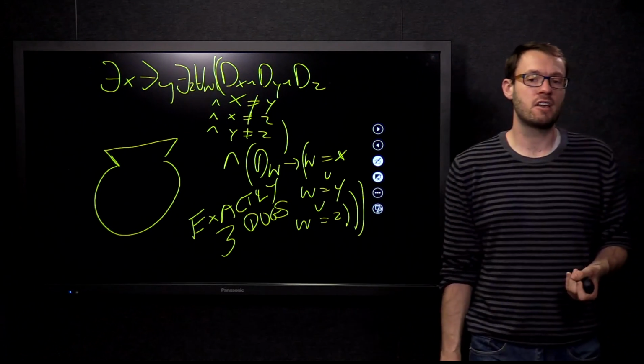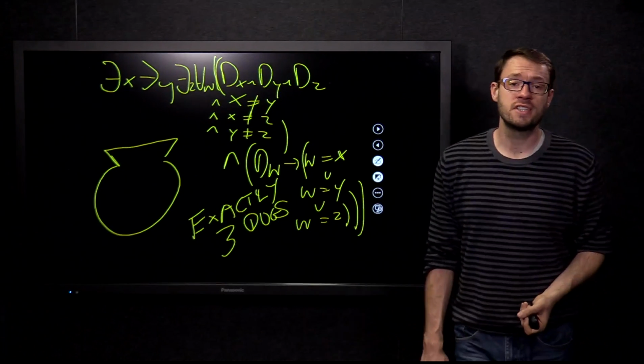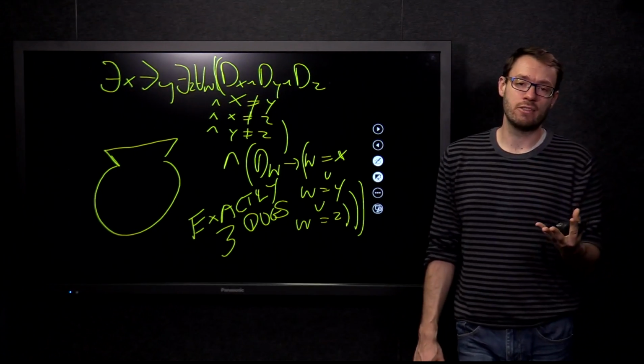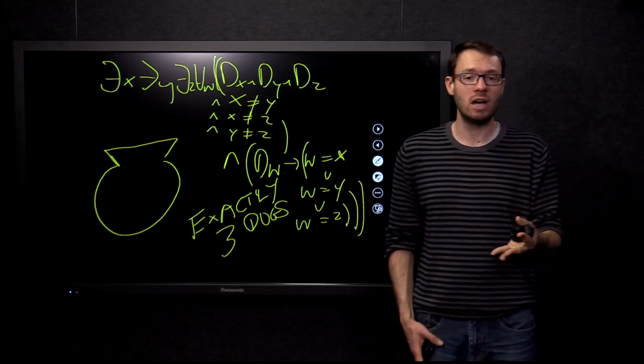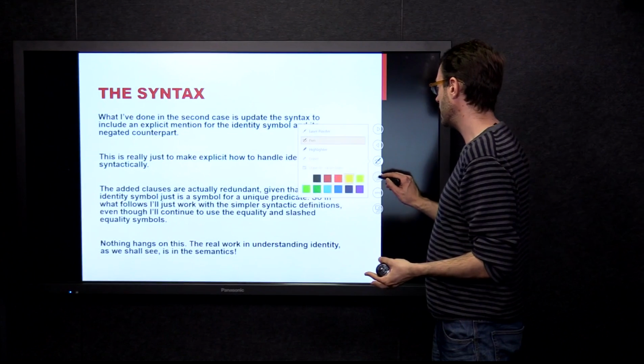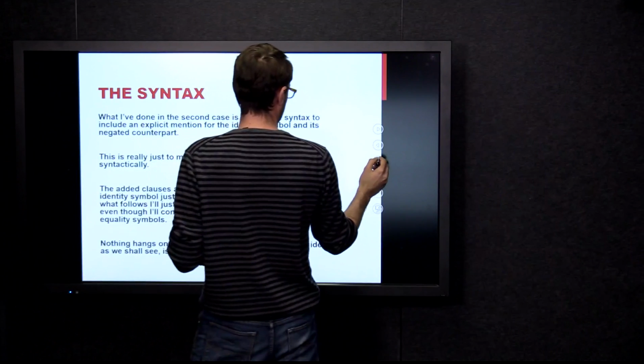So not only do we have the capacity using identities to say that there are at least 3 things, we can also say that there are exactly 3 things, or exactly any number of things. If we want to say that there's exactly 1 dog, we can do that just as easily.